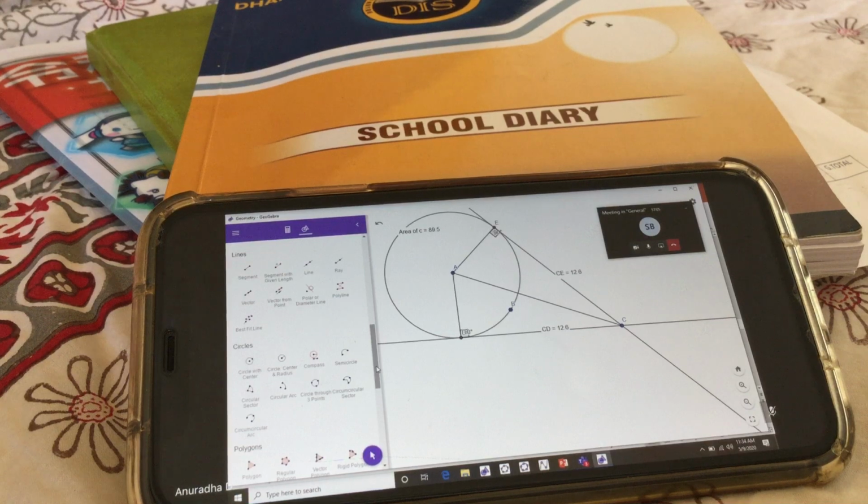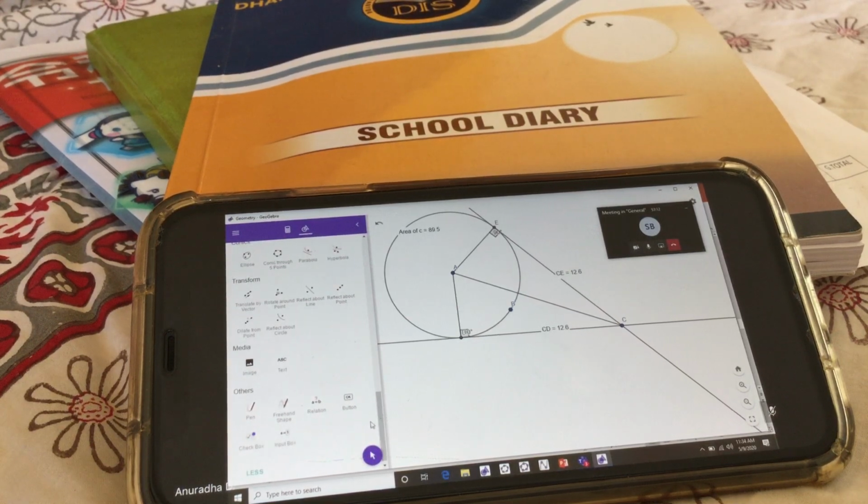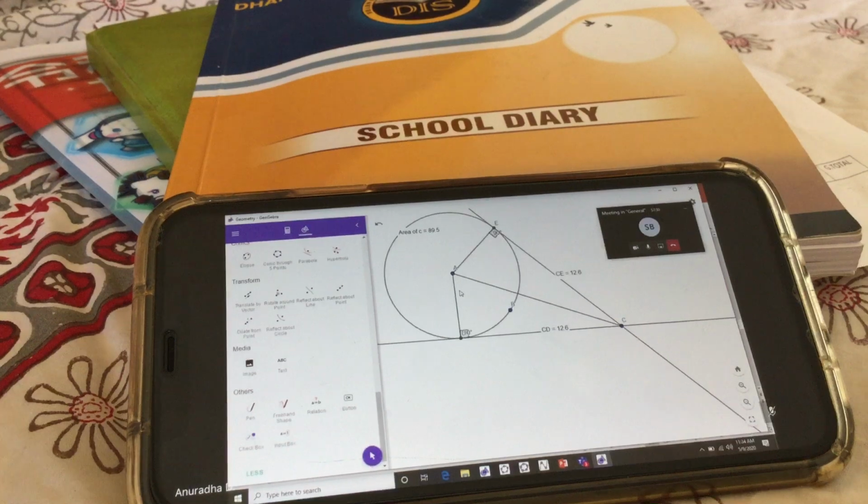Once you're comfortable with that, you can further explore the other possibilities. And there is a possibility of creating the formula also. See, now you can call this angle alpha and this one beta. Or maybe A and B, A and C, we can keep it to be alpha and beta. You can see that as you move them, this alpha plus beta will always be 180 degrees.